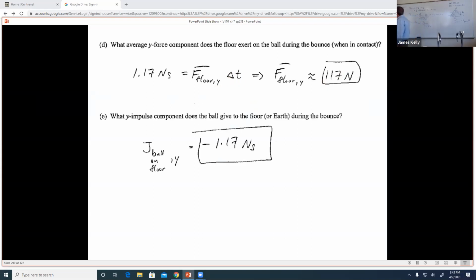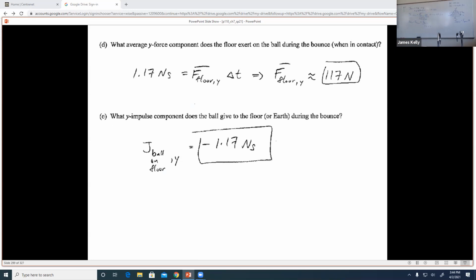Okay. What y impulse component does the ball give to the floor? Here we're switching what the impulse is being delivered to. Before we were concerned about impulses delivered to the ball. Now we're saying, hey, the ball is pushing on the floor. So it's delivering an impulse to Earth or to the floor, right? It's pushing on the entire Earth during the bounce. And the answer is, well, look, Newton's third law says the force of the floor on the ball is equal and opposite to the force of the ball on the floor.